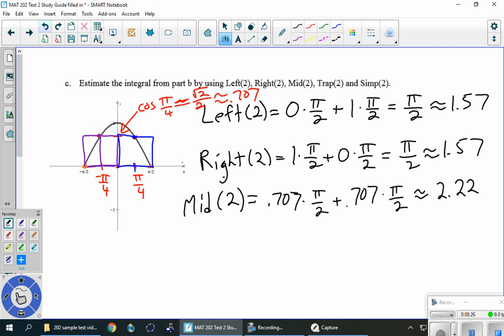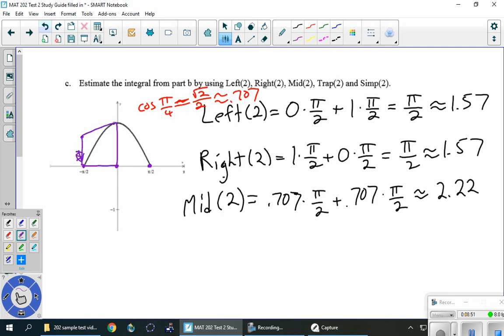All right, let's take a look at the trapezoids. So for the trapezoids, again, we're looking at our 3 points. And then the trapezoid is going to be to here, and then to here, and then typically, like if at this point right here we're not on the x-axis, like if it were up here somewhere, then that would be our trapezoid.